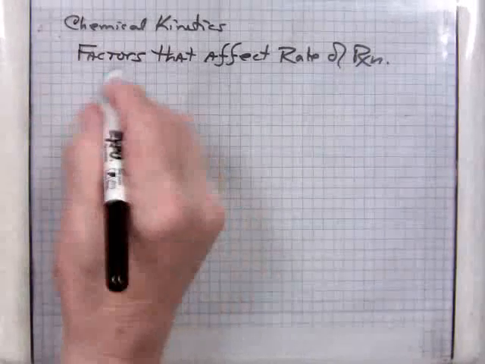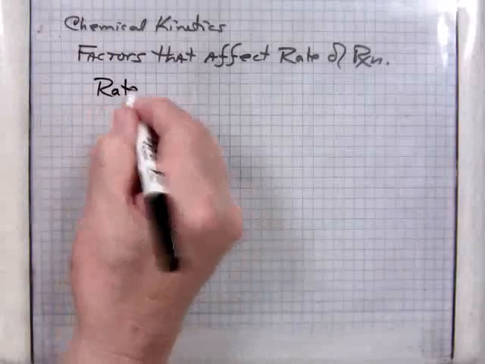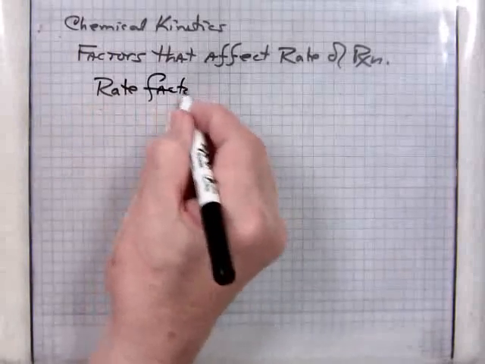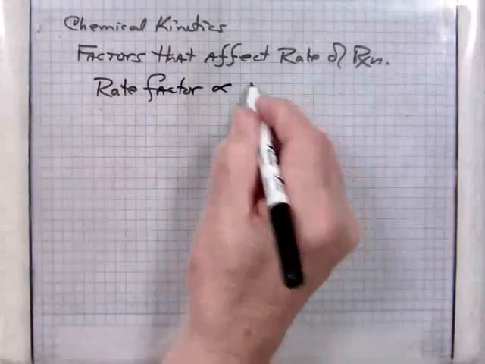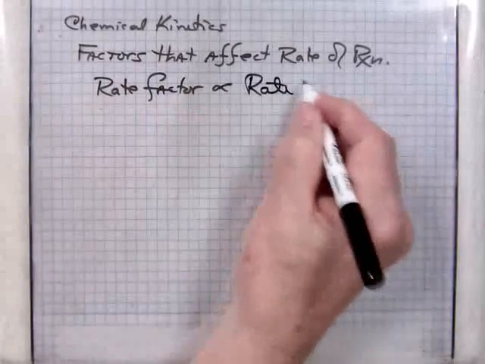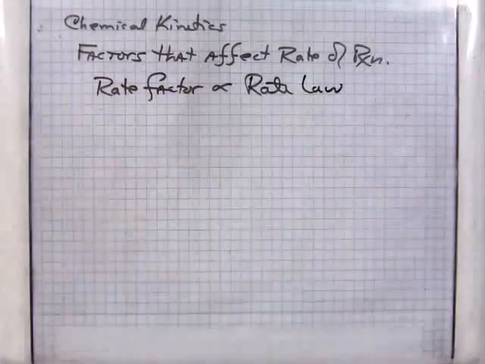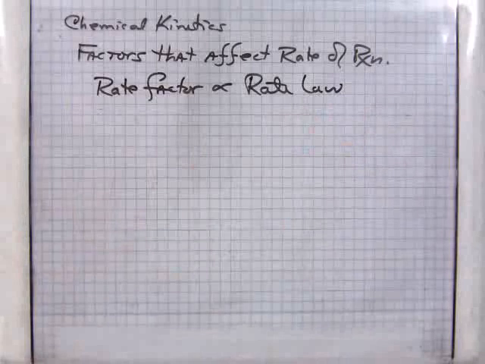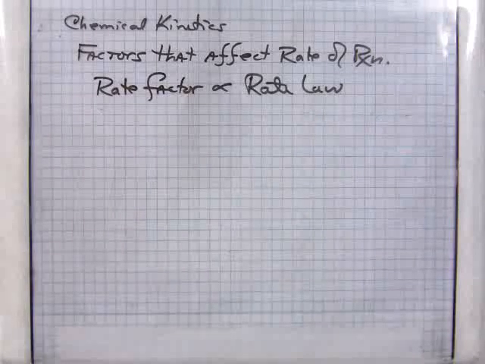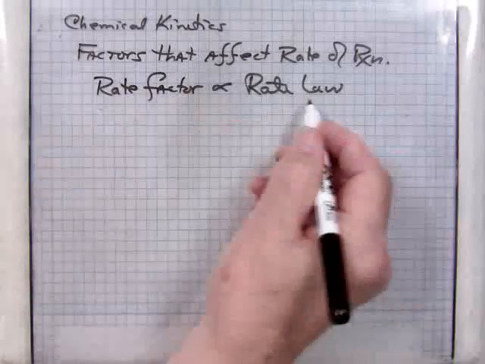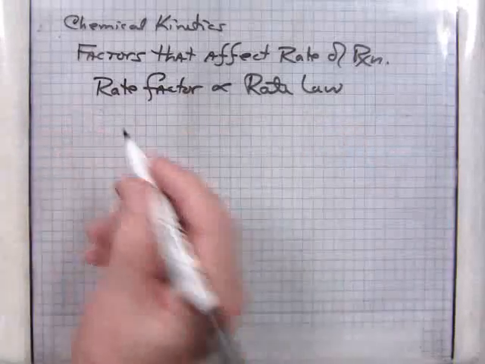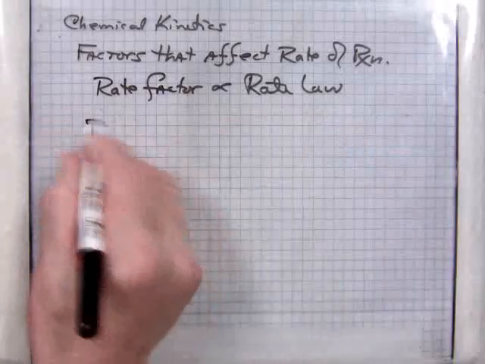So we call it a rate factor proportional to a rate law. We'll build rate laws out of these. These are mathematical expressions that give you indications of the speed of a reaction. Now, just before we do that, we need to look at what reaction rate is.